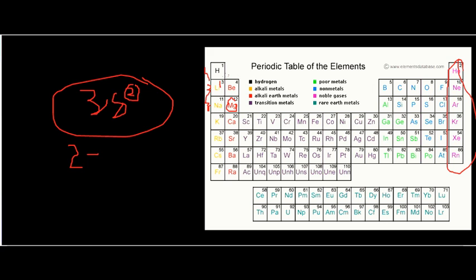My bad, because it's in the metal part of the periodic table, it wants to lose one electron, so it could be a plus charge. So it would have a 2 plus charge. And for carbon, it would have a plus 4 charge because it's 4 boxes away from the nearest noble gas configuration.